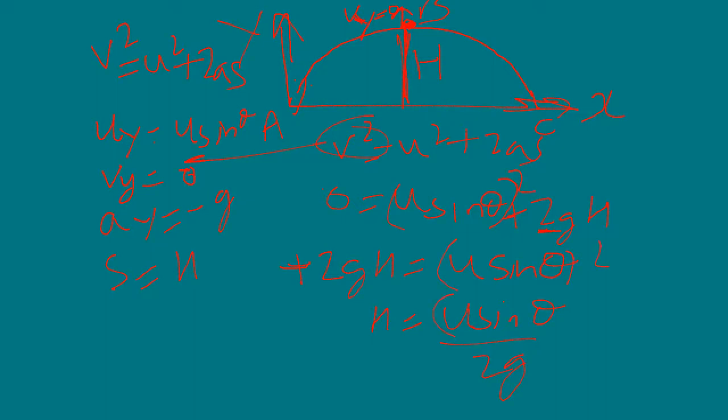So it will become h equals u square sin square theta upon 2g. So this is y max. We can write it as the maximum height along the y direction, also called y max. So y max or h equals u square sin square theta upon 2g.